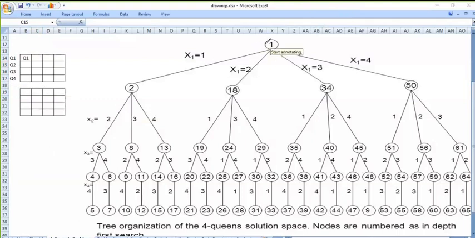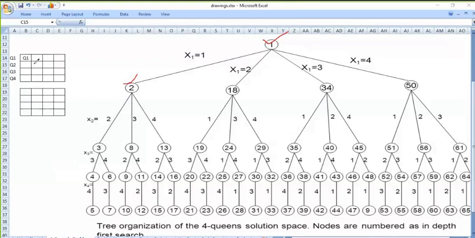Initially I will start from node 1. From node 1 to node 2 I will go. I will have it as the x1 value, that is q1, so I can have it over here. Then after q1, from 2 to 3 I can go. 2 to 3 means I can have x2 as 2, that is this particular position.